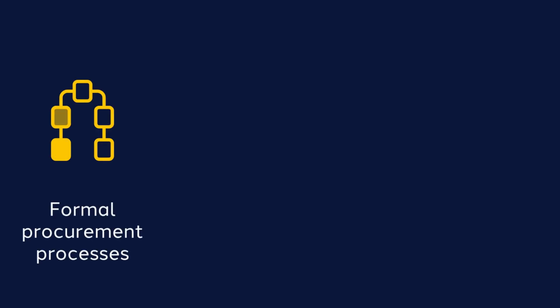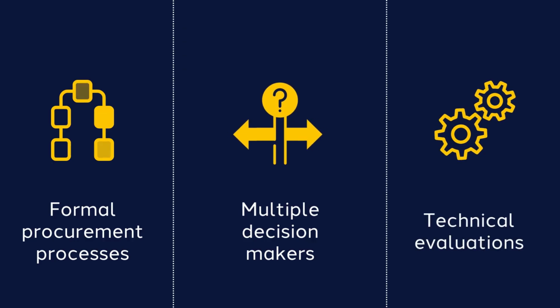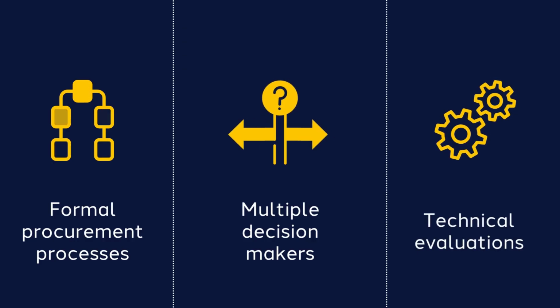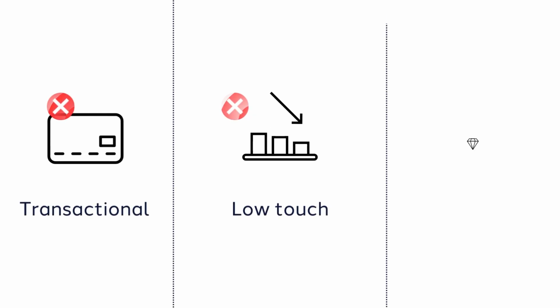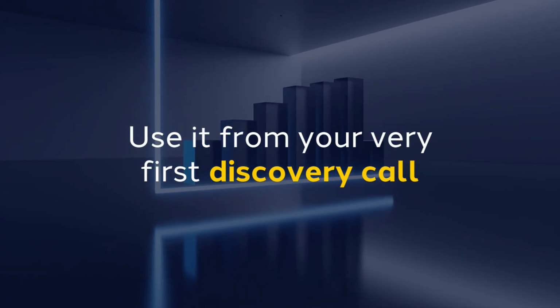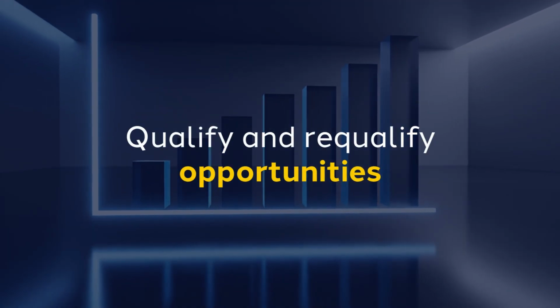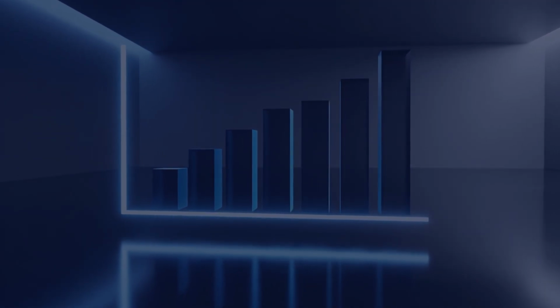If you're selling to organisations with formal procurement processes, multiple decision makers, and technical evaluations, MEDDIC is also the ideal framework. It's less necessary for transactional, low-touch, low-value sales. Use it from your very first discovery call and continuously throughout the sales cycle to qualify and re-qualify opportunities.